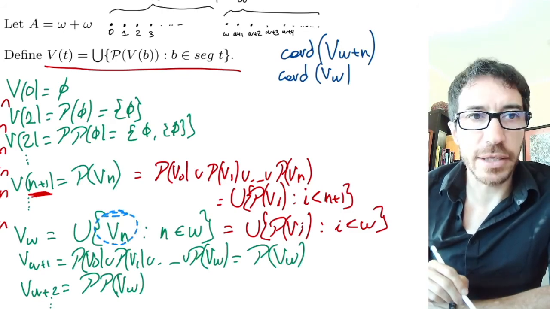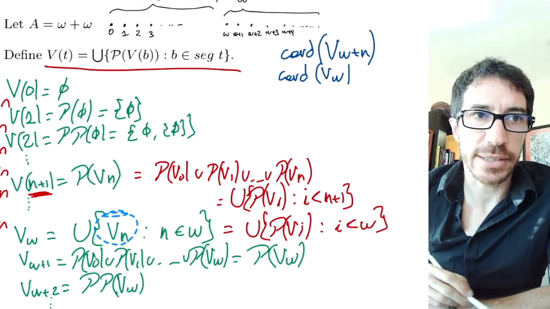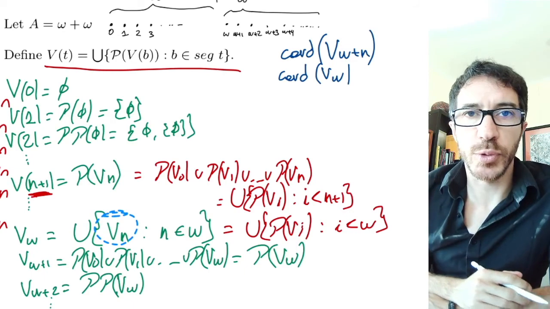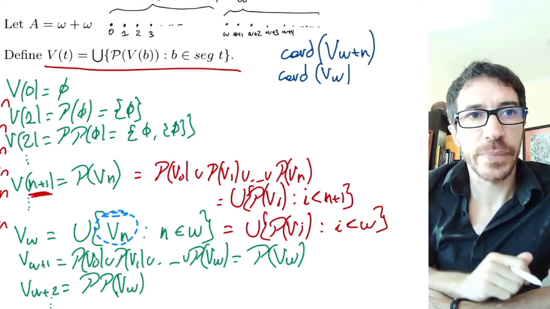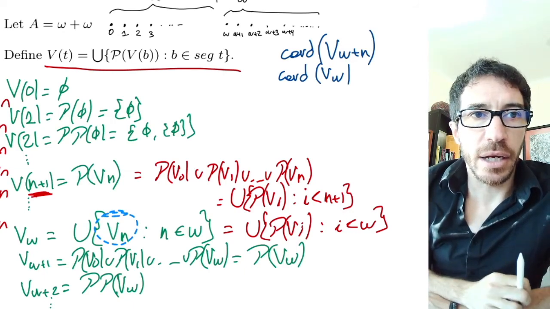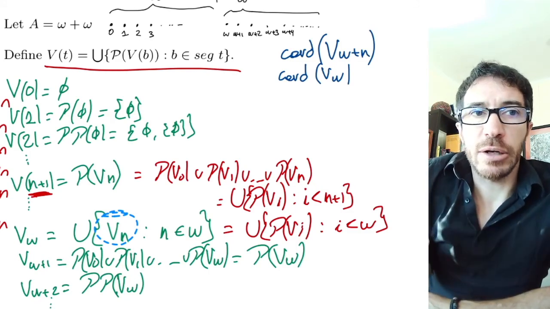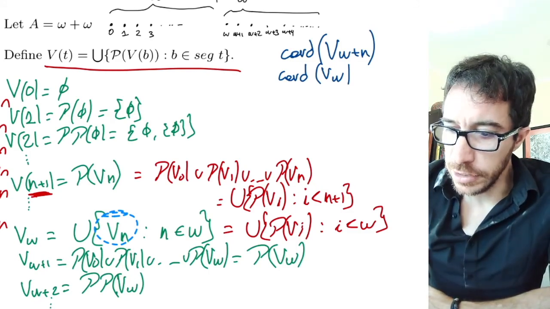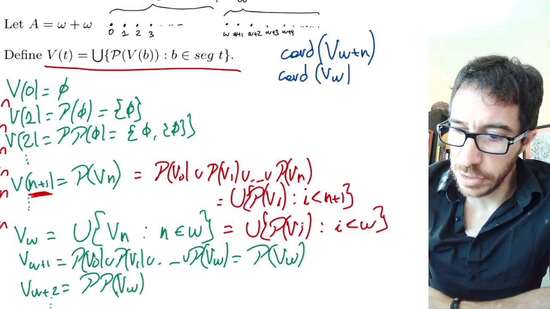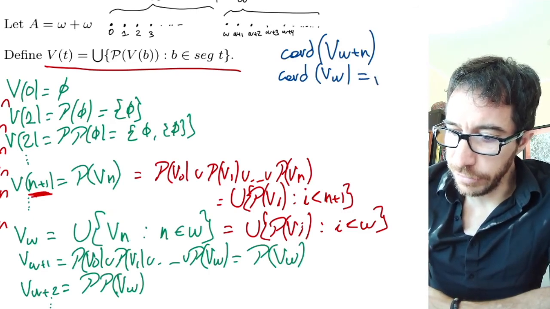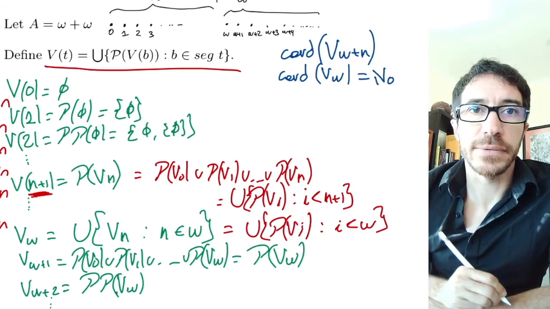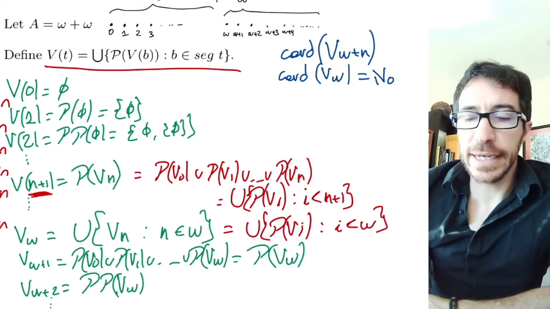Each of these Vn's is finite, with size 2 to the 2 to the 2 to the 2, n times. It's still finite, and a countable union of finite sets is countable. So countable means it has cardinality aleph naught.